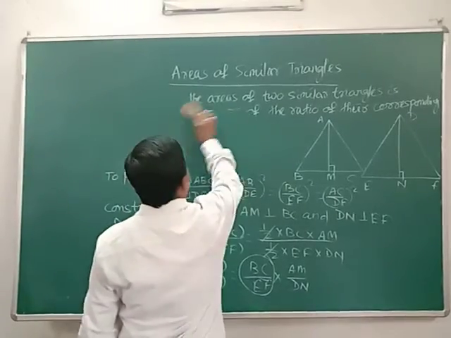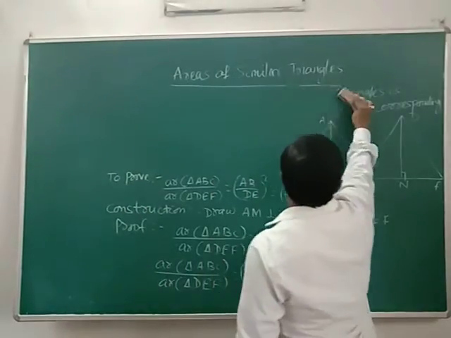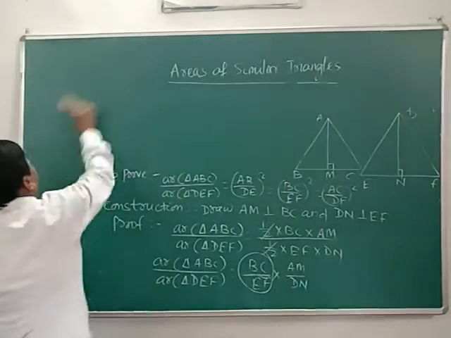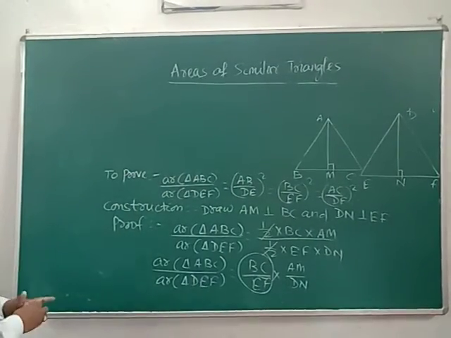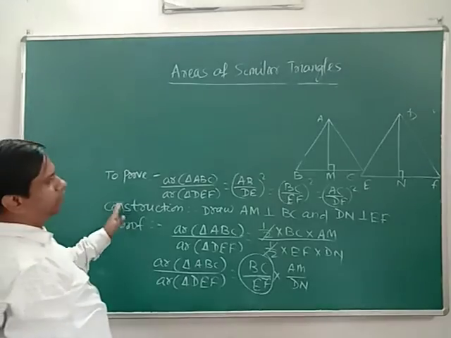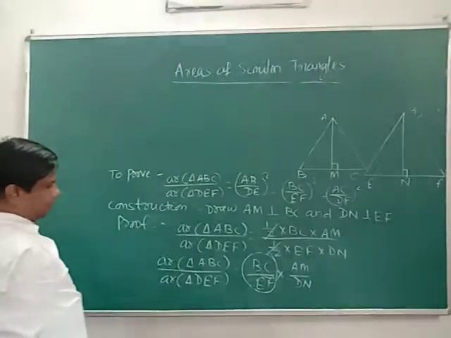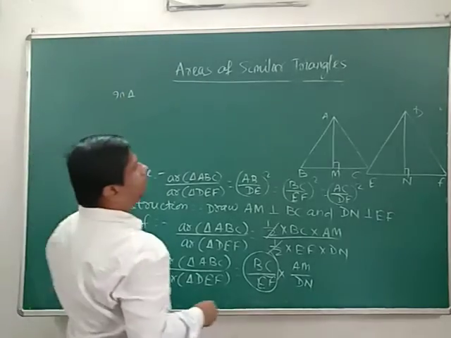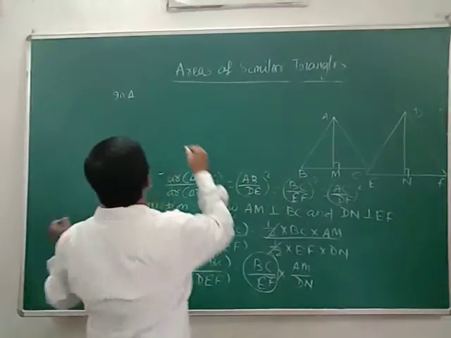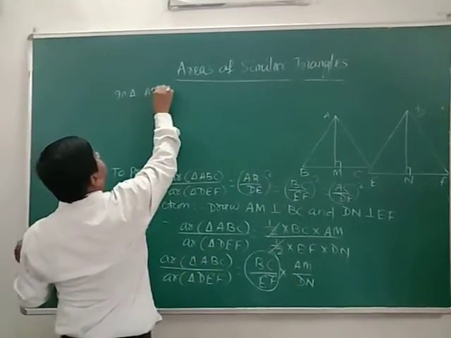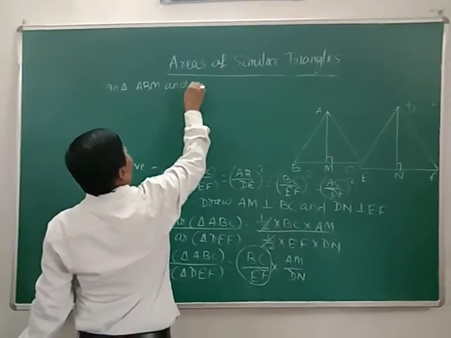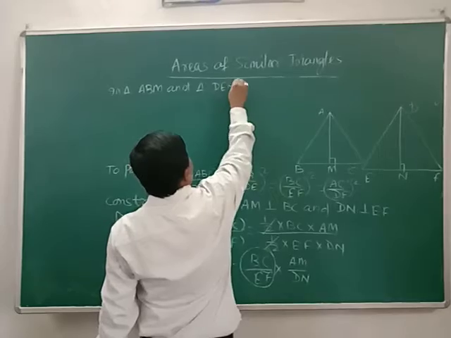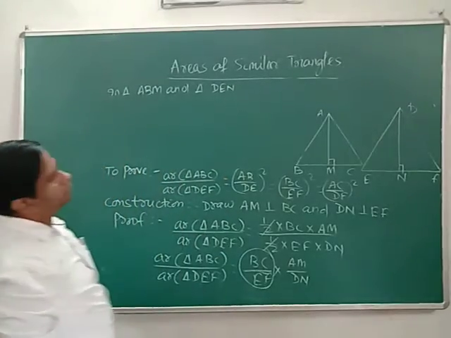Now I have to use the similarity property. Watch this video carefully, because this is an important concept and an important theorem. In triangle ABM and triangle DEN, can you make them similar?